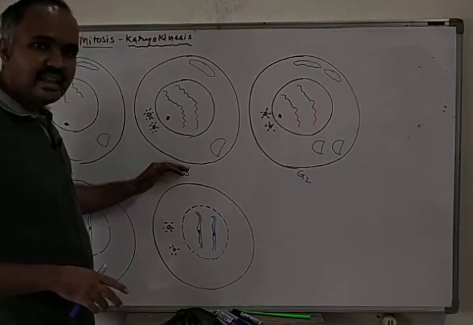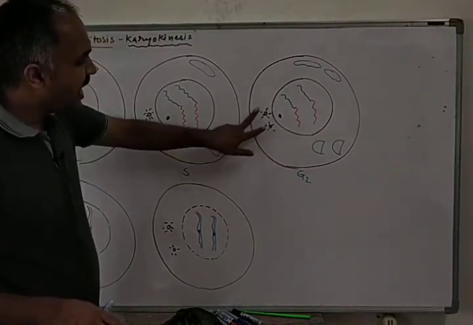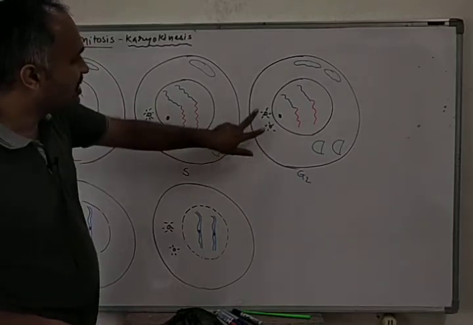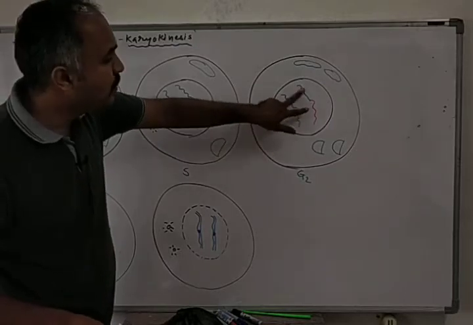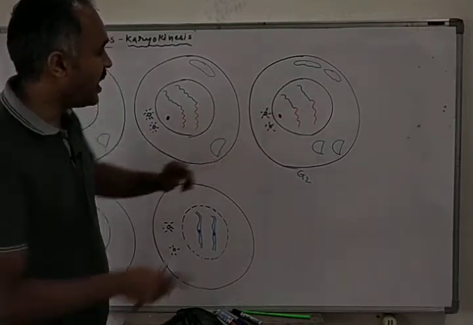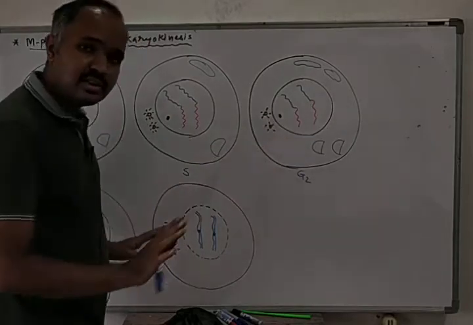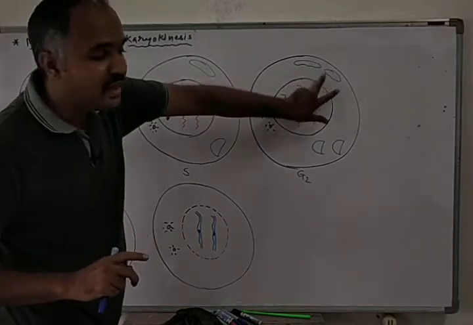Now when this cell enters into the G2 phase, the same number of duplicated centrioles will be there. Two centrioles are there. The same amount of duplicated chromatin is also there. Intact nuclear membrane and nucleolus are also there. But what is the difference? Mitochondria and chloroplast have got doubled.